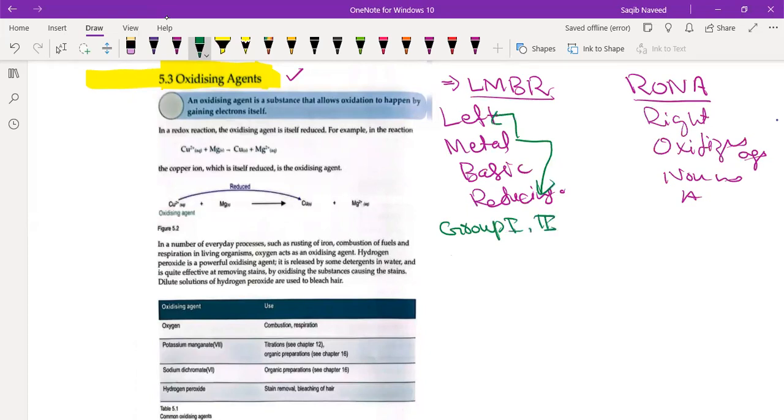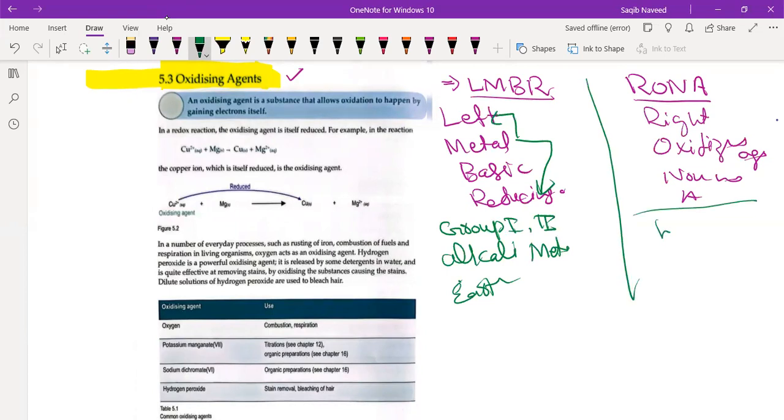Group 1 is alkali metal and group 2 is alkaline earth metal, right? And what is on the right side of the periodic table? These are the famous halogens, group 7. So they are famous as oxidizing agents. They are non-metals, they form acids and all that.